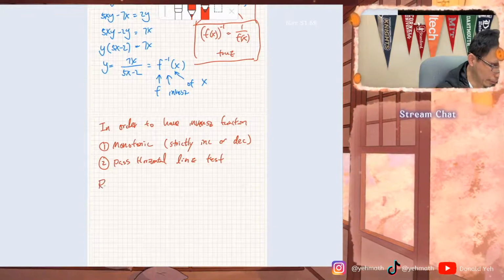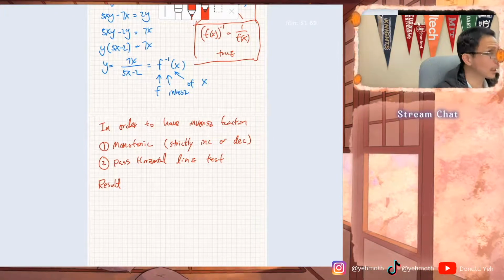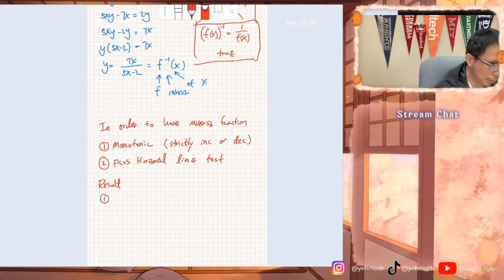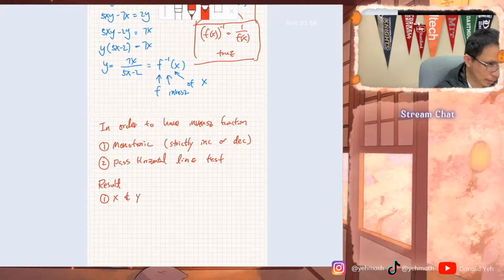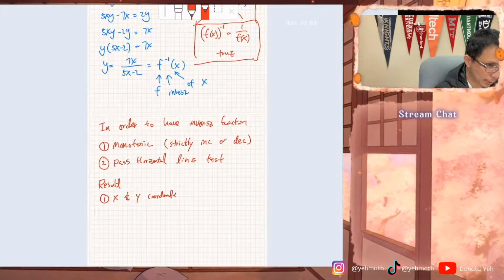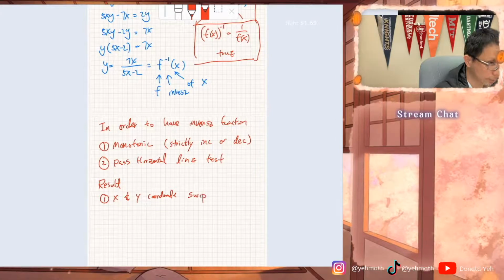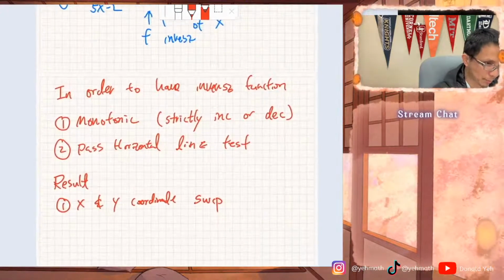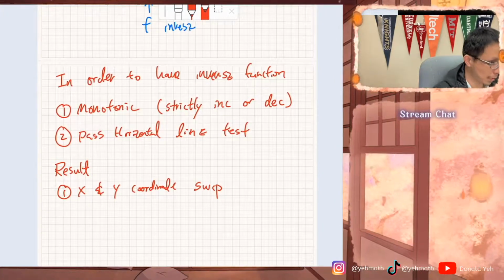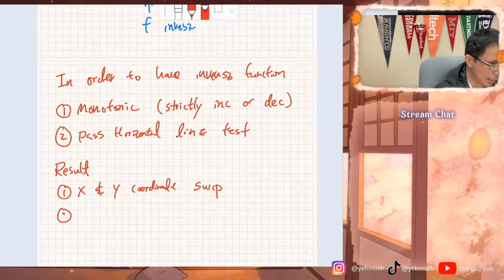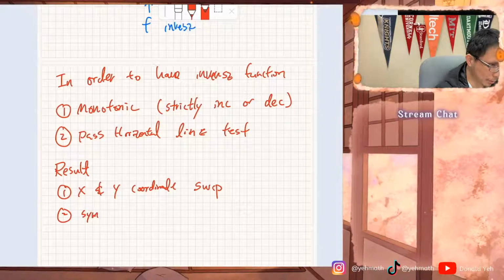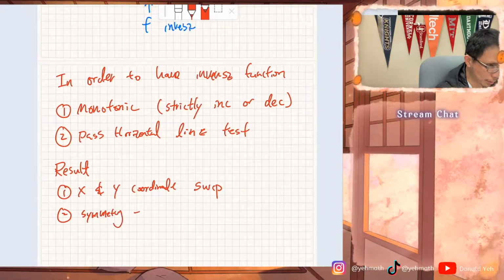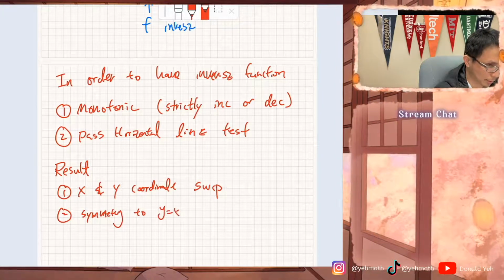The result of an inverse function: one is that the x and y coordinates swap. So x and y switch, right? If they switch, that's going to be important. The second thing you're going to see is the symmetry about y equals x.